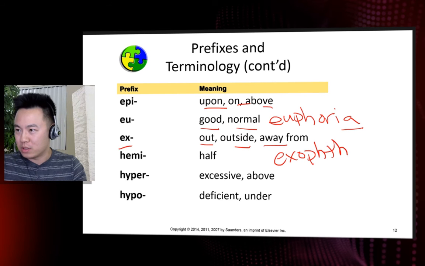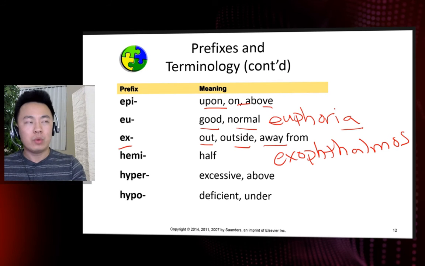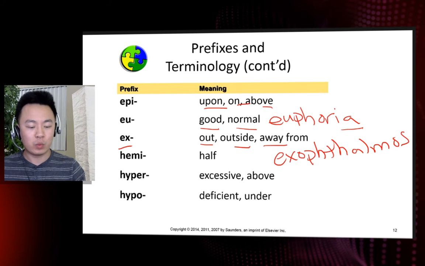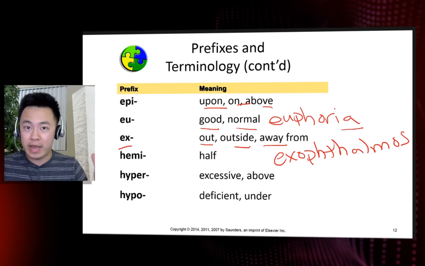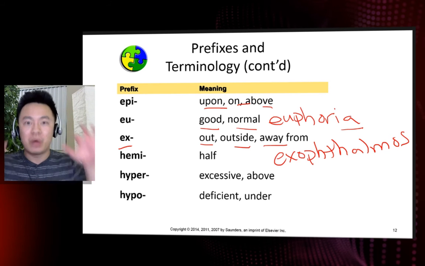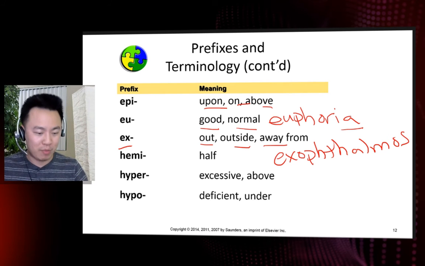Exophthalmos means eyeballs that bulge outward. If you look up on YouTube, you can see there's a Guinness World Record holder where a lady has this condition. A lady has a condition where if she puts a little bit of pressure on her eye, both her eyes bulge outward. I can't demonstrate for you, but you search on YouTube, eyes bulge outward. That would be exophthalmos.